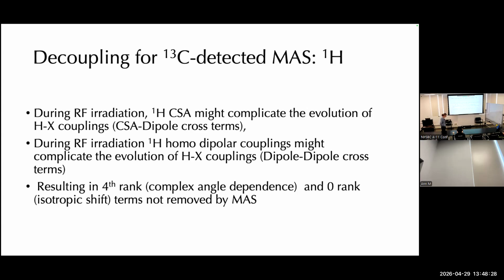You can also do experiments. I mean, you can't make everything you want to make, but you can deuterate to make some of the protons go away. And you can change the applied field to make the CSA more or less important. So from things like that, we know that both of these terms are problems.